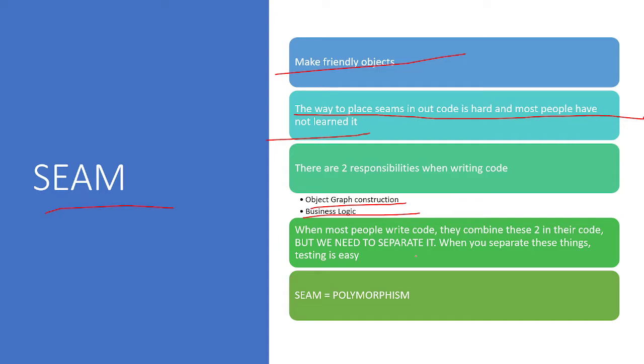When you separate these things, testing is easy. And remember, seam basically equals polymorphism, which is a highly talked about topic in computer science. You should know about polymorphism, and seam is basically polymorphism.